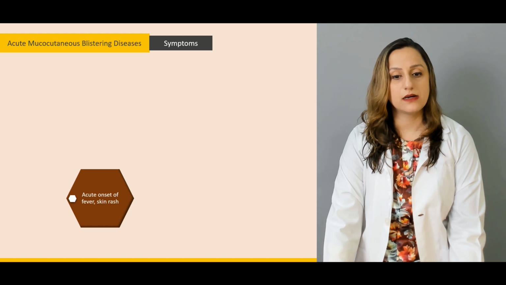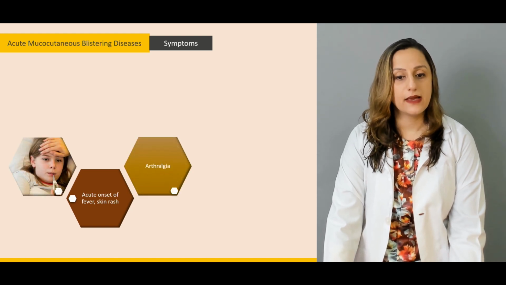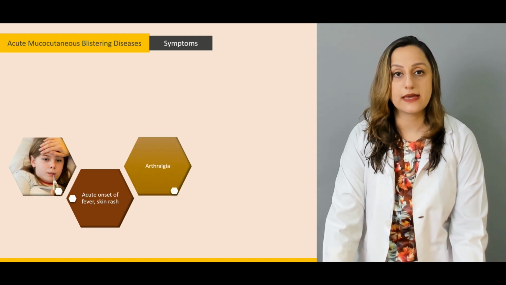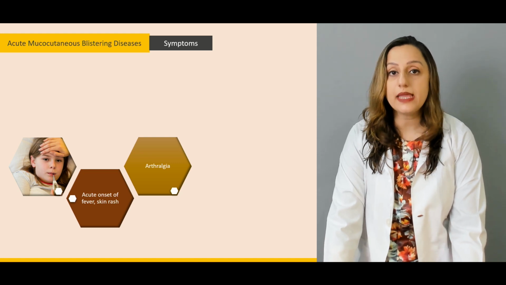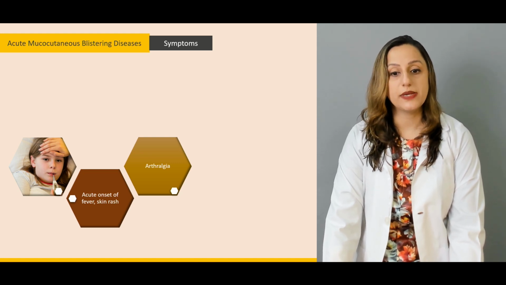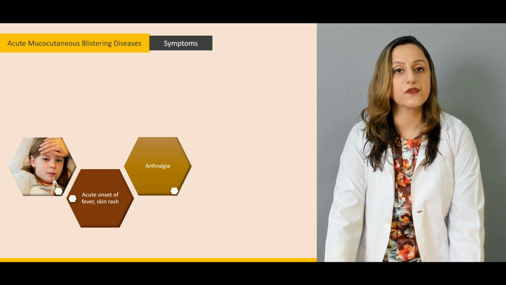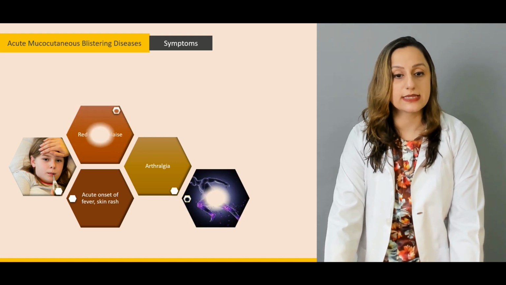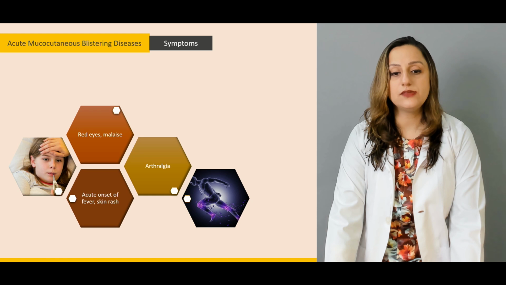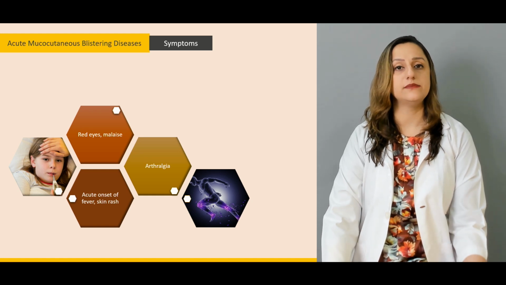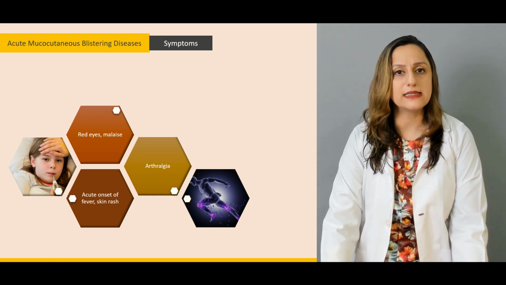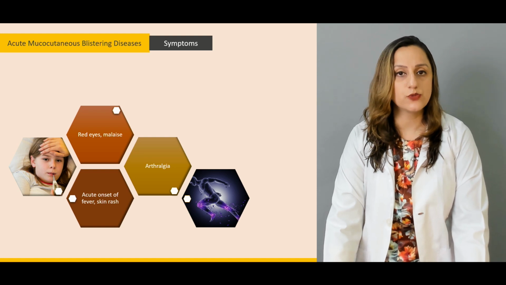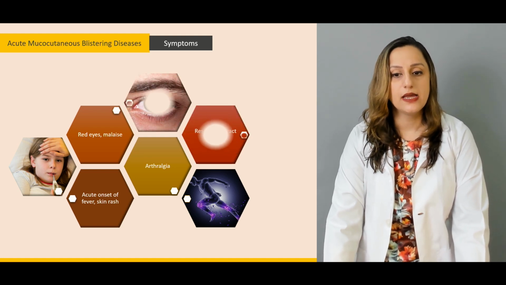And then arthralgias, indicating pain in the joints, so the patient would also give you a history of joint pains. And then obviously red eyes and tiredness, malaise, and chronic fatigue would also be observed.